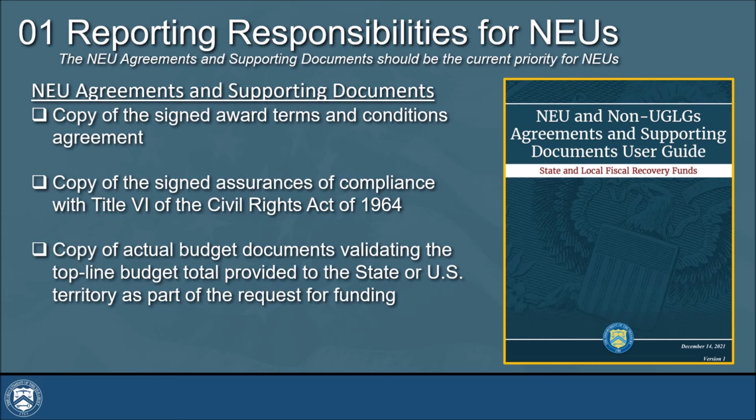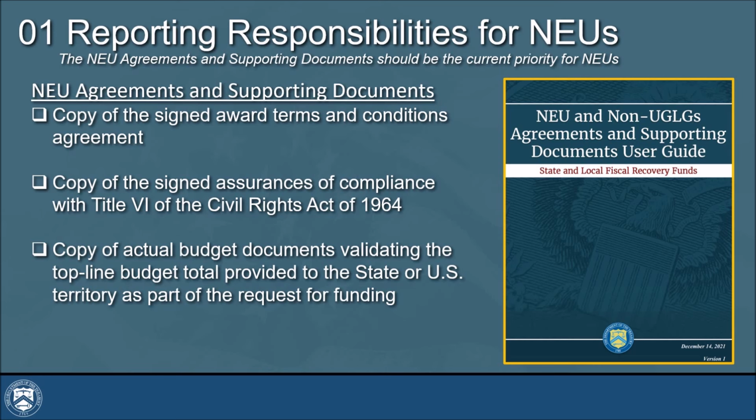The first is the copy of the signed award terms and conditions agreement, which was signed and submitted by your NEU jurisdiction to the state or U.S. territory as part of the request for funding. The second is the copy of the signed assurances of compliance with Title VI of the Civil Rights Act of 1964, which was signed and submitted by your NEU jurisdiction to the state or U.S. territory as part of the request for funding.